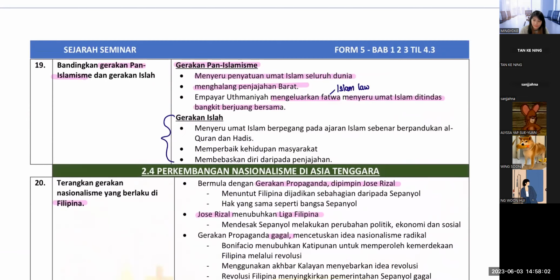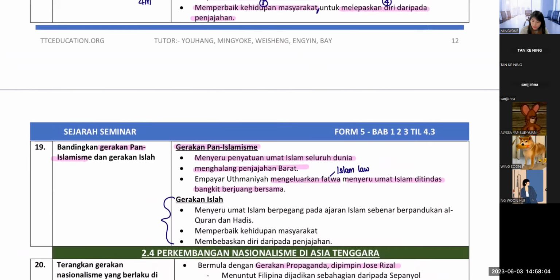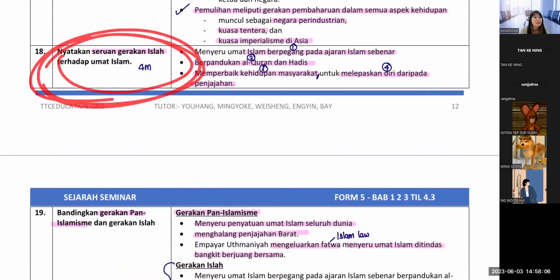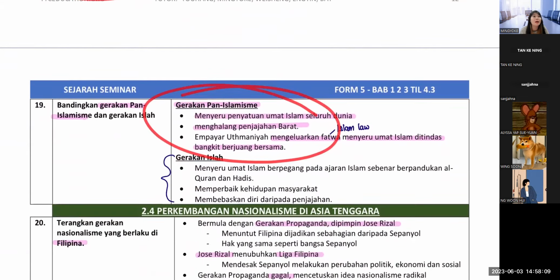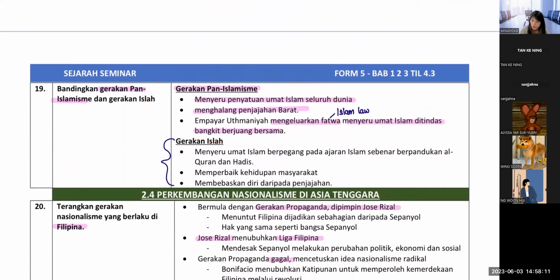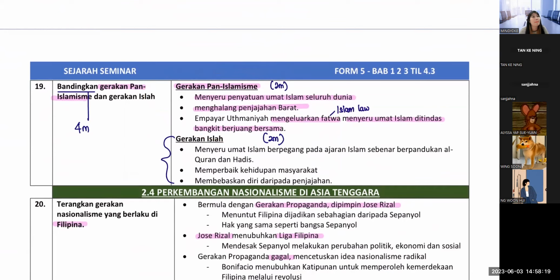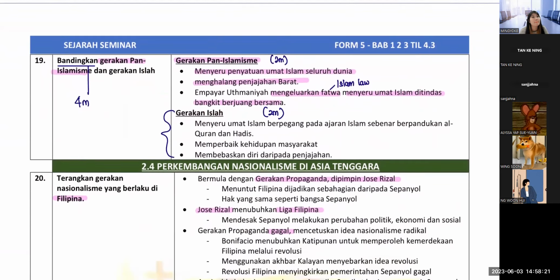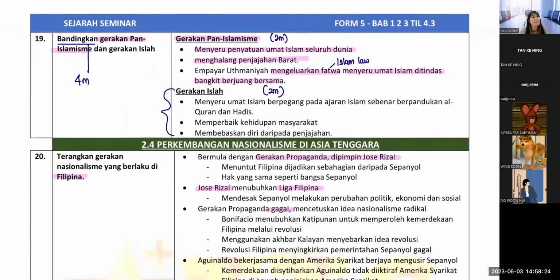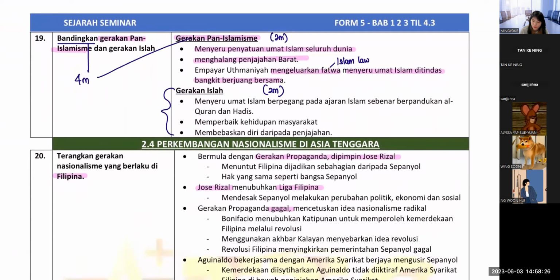This one, they will just ask you the meanings of Gerakan Islam or Gerakan Pan Islam, so each is only 2 marks. Also the same, if they ask you to bandingkan, the most is 4 marks, meaning you give 2 for Gerakan Pan Islami and 2 for Gerakan Islah.